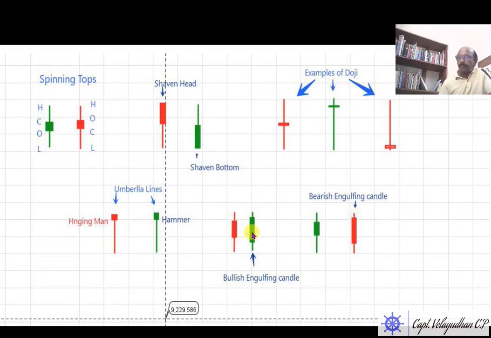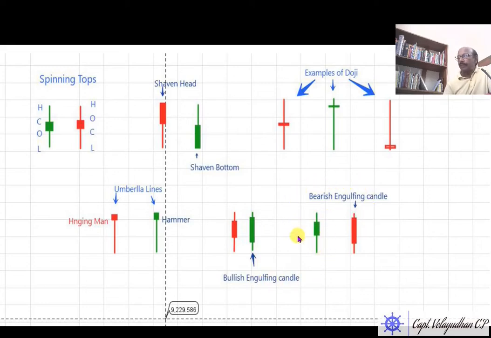The next candle engulfed the whole body of the previous candle. It opened lower than the previous closing, but the market went up and closed above the previous real body. This is a bullish engulfing pattern. This candle is called a bullish engulfing candle.